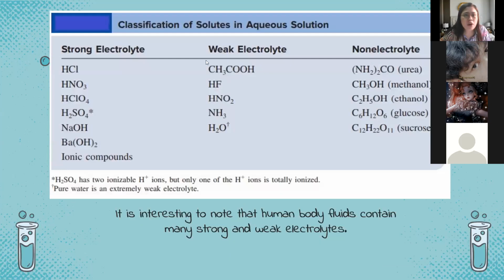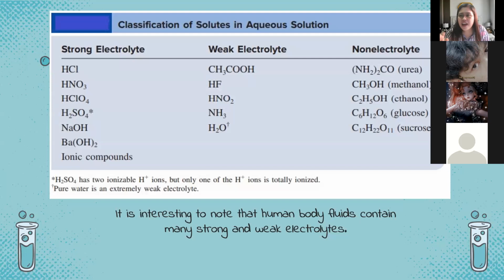So, to give more examples, we have electrolytes here, but the electrolytes are further classified into strong and weak. Again, yung mga electrolytes natin can be strong electrolytes or they can also be weak electrolytes. Now, for the strong electrolytes, I'm not saying all, but most of our strong electrolytes are strong acids, strong bases, and yung mga salts natin.